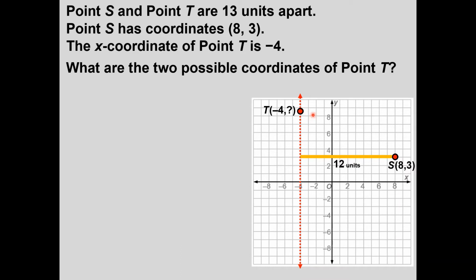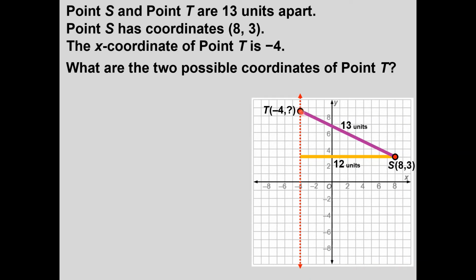So let's say point T is up here, because I don't really know where it is, but I know the coordinates are -4, something. Don't really pay attention to how high up it is, because we don't really know that yet. But the one thing we do know is that this distance from T to S is 13 units. So there's one of my answers.